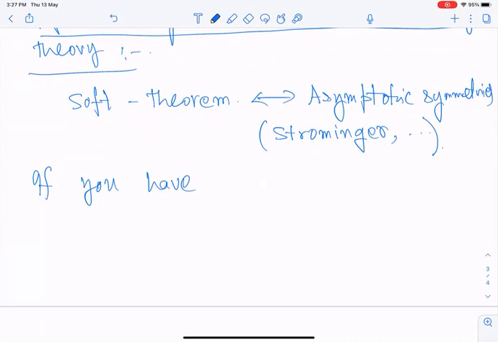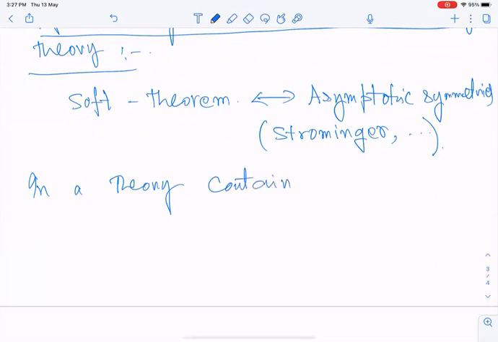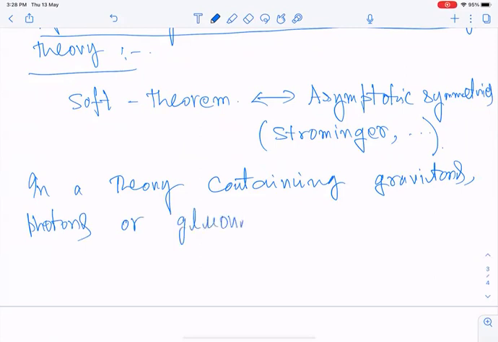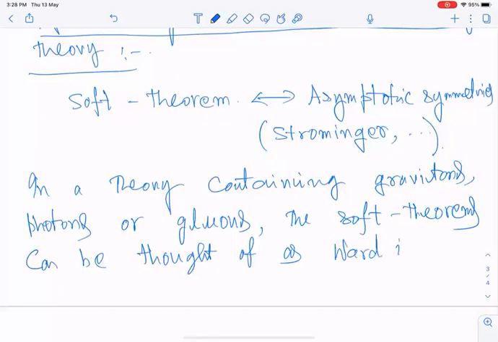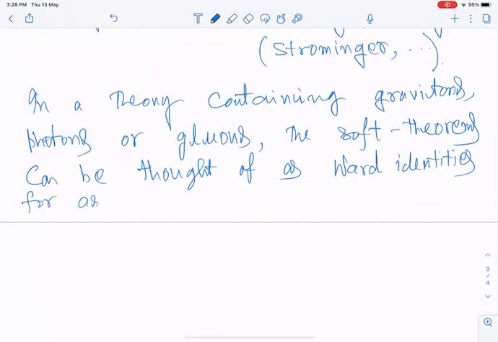in a theory containing gravitons, photons, or gluons, the corresponding soft theorems can be thought of as Ward identities for asymptotic symmetries or some symmetries.